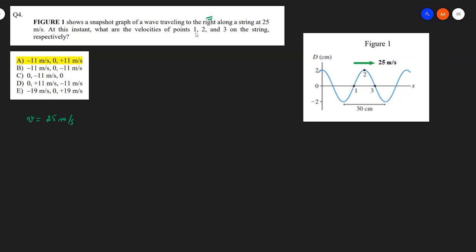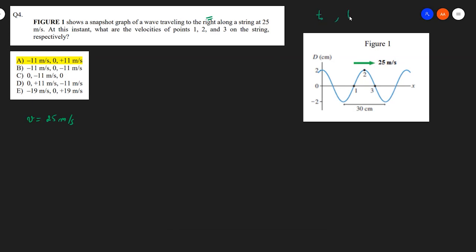Here they require the velocities for points 1, 2, 3. To get the velocity of these points, we need to think this way. We have a wave traveling to the right. This is at instant t0.